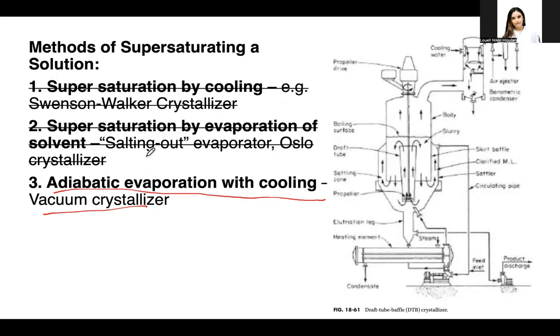So instead of lowering the temperature for the DTB crystallizer, you are lowering the pressure. So this promotes a lower boiling point of the solution. So in order to remove a certain amount of solid, there is no mechanical heat involved. Thus, Q is cancelled for a DTB crystallizer.